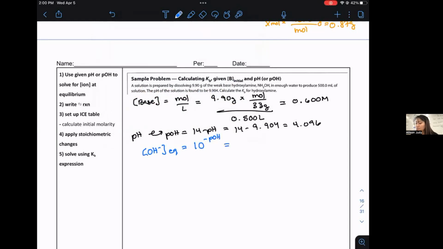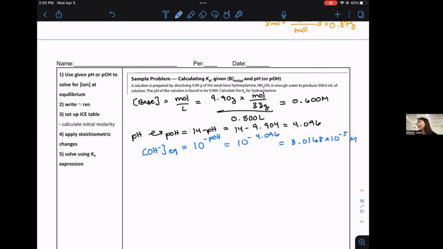So it's going to become 10 raised to the negative 4.096, which is going to be equal to a concentration at equilibrium for my hydroxide ion of 8.0168 times 10 to the negative 5th molarity.